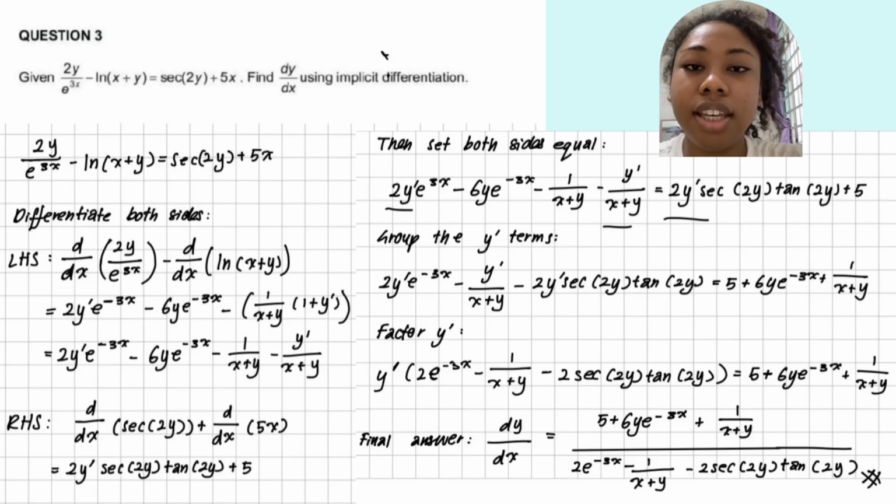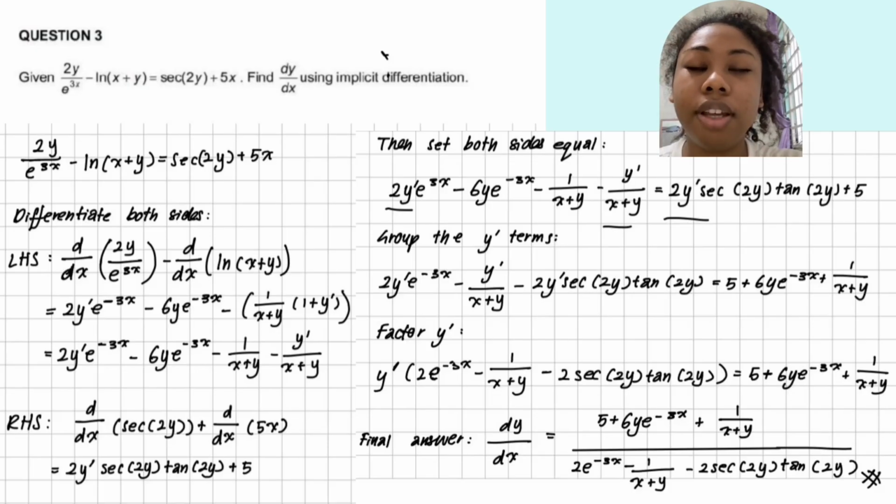So it will be d/dx of 2y/e^(3x) minus another d/dx of ln(x + y). Then we will get 2y'e^(-3x) - 6y e^(-3x) - [1/(x + y) times (1 + y')].